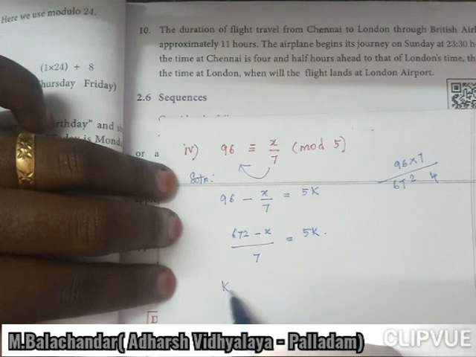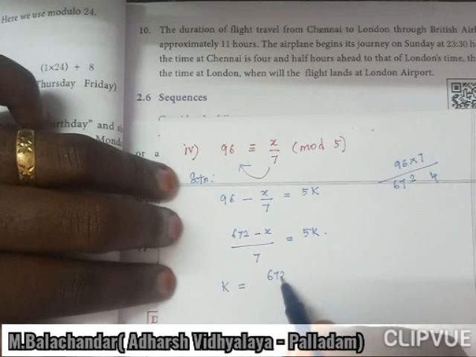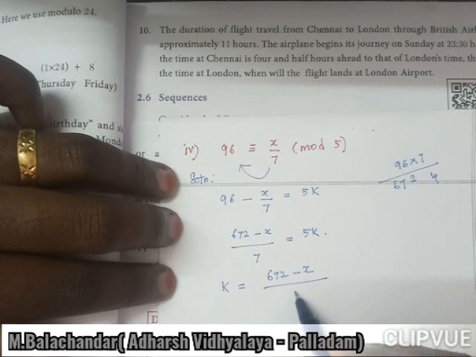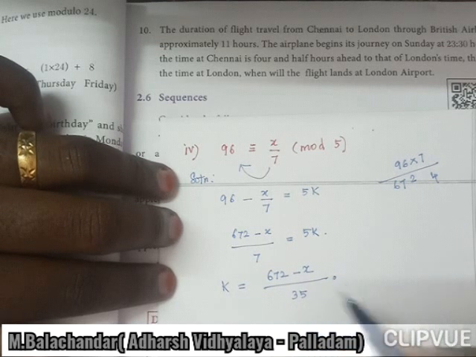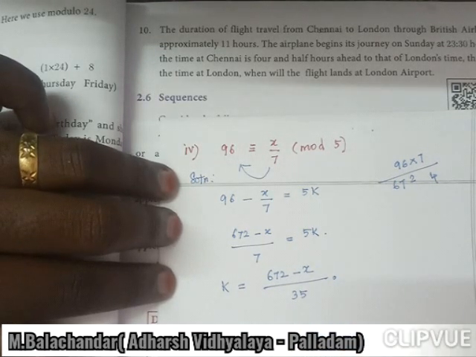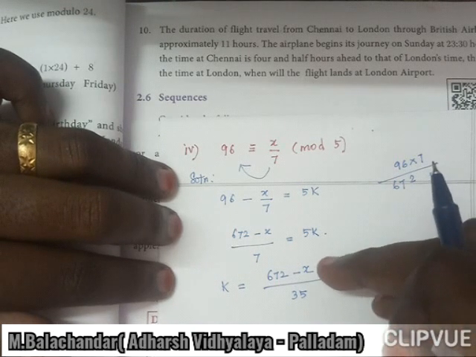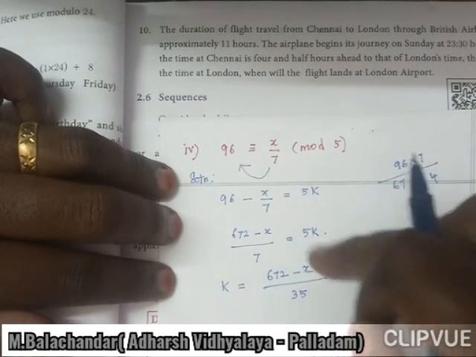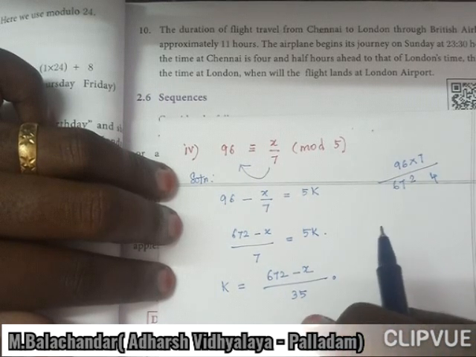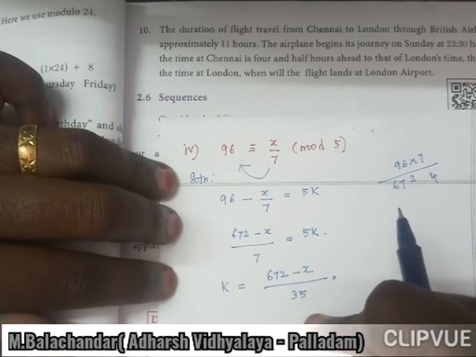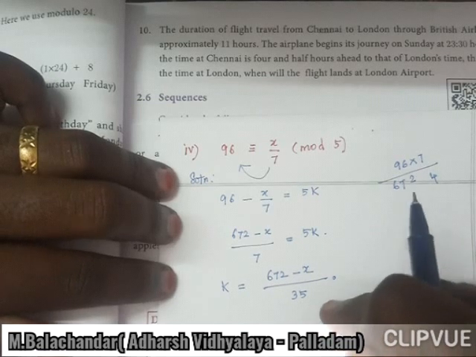So k is equal to (672 minus x) divided by 35. If you assign the value of x, the resultant value should be divisible by 35. So what is the value?